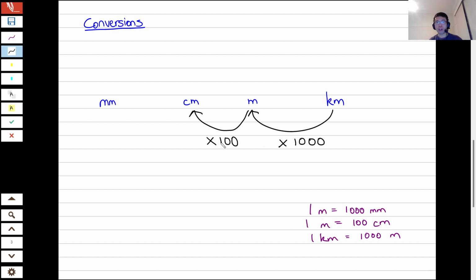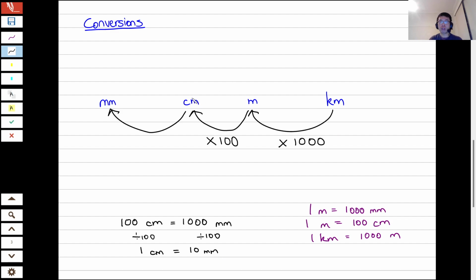Now, what if I want to go from centimeters to millimeters? Well, if I know that 100 centimeters is the same as 1,000 millimeters, remembering that these are both 1 meter on each side, then if I divide both sides by 100, I obtain the following. 1 centimeter is 10 millimeters.